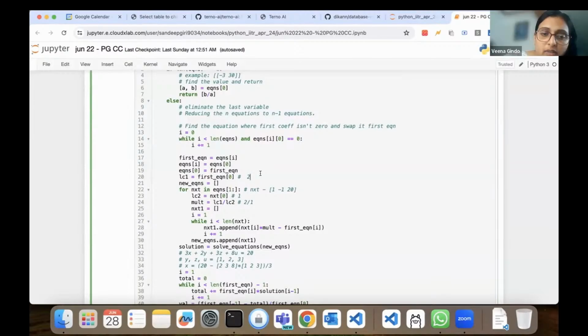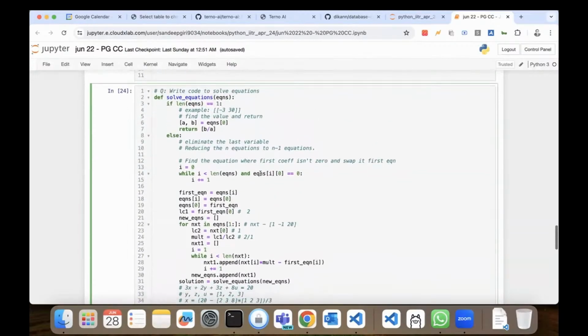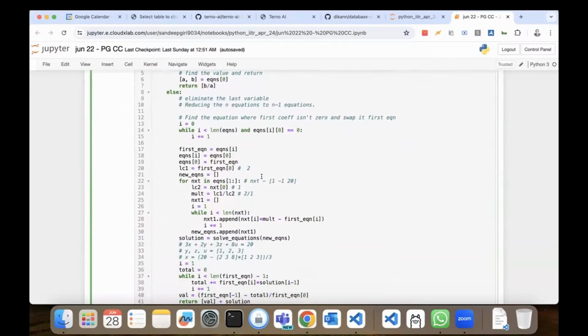Then in that case, we are multiplying by 0. Our second equation's first coefficient is 0. Did I make a mistake here? So, good point. Good point.